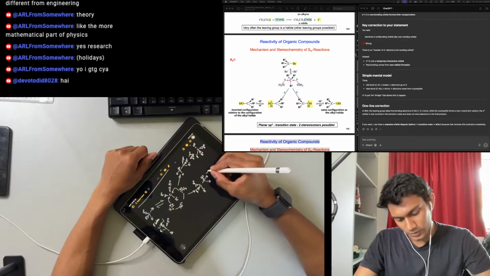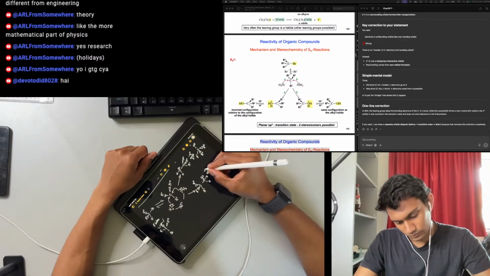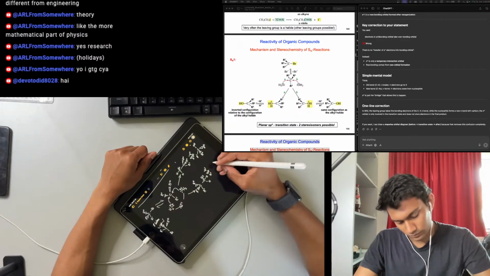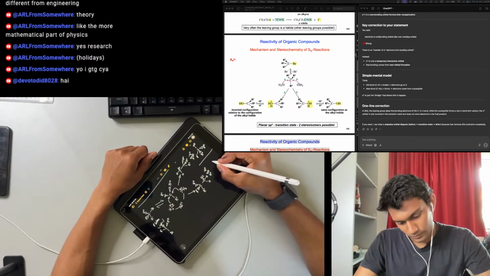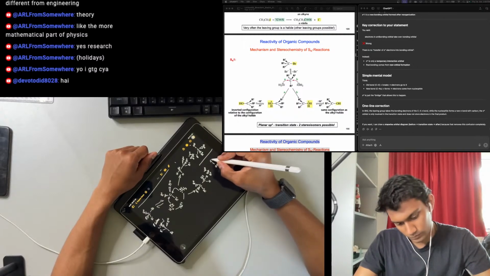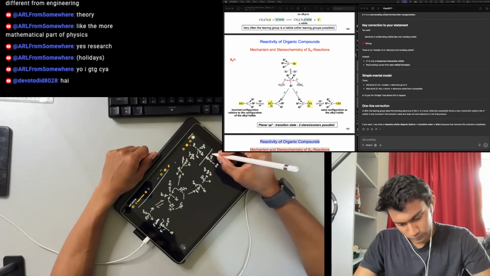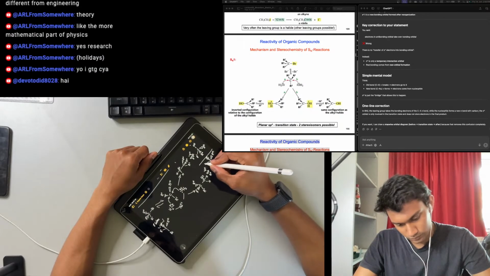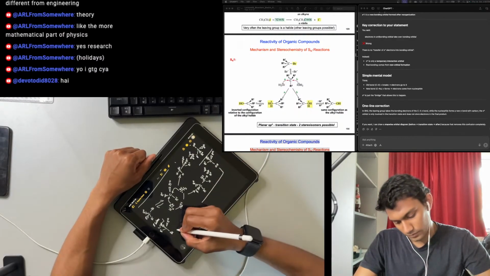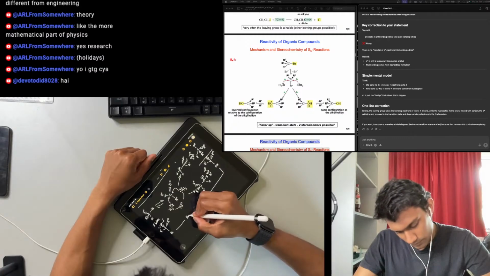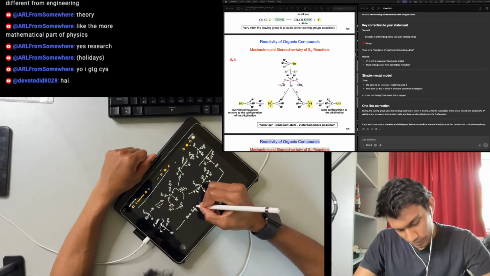After removing the hydrogen, we get something like same configuration.